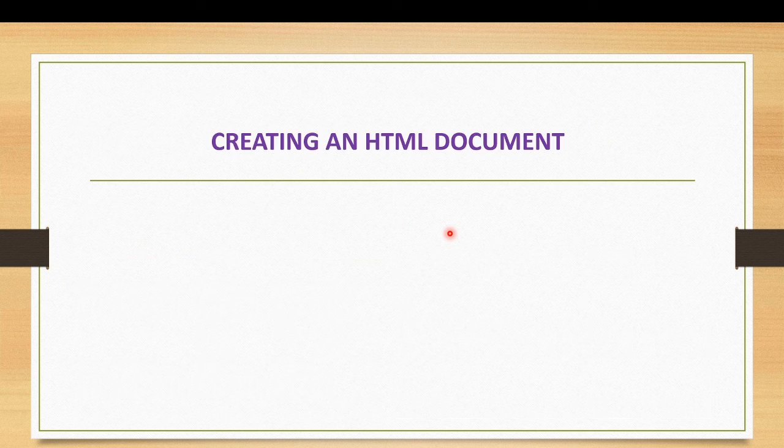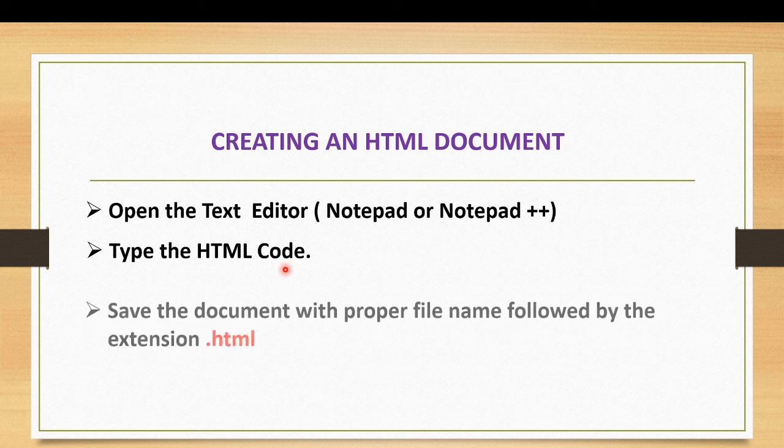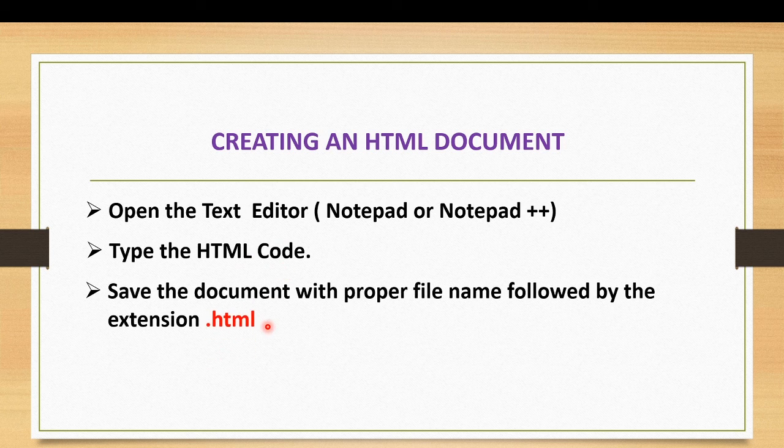Now, how to create an HTML document. First, you have to open the text editor. Second, you need to type the HTML code. After typing the HTML code, you have to save it with a proper file name.